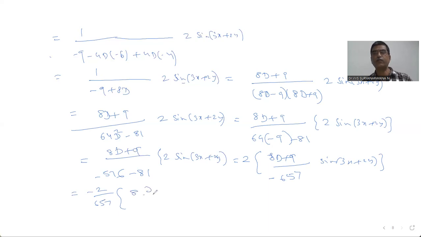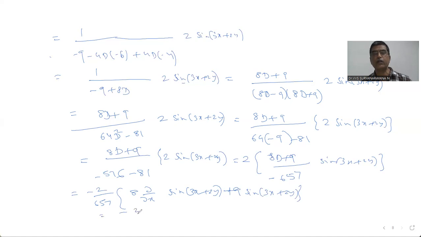But what is d? Dou by dou x. So 8 into dou by dou x of sine 3x plus 2y plus 9 times this sine 3x plus 2y. Dou by dou x means partial derivative. The partial derivative of sine 3x plus 2y with respect to x is cos 3x plus 2y into the derivative of 3x plus 2y, which is 3.